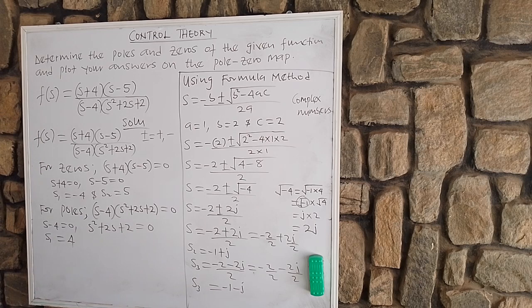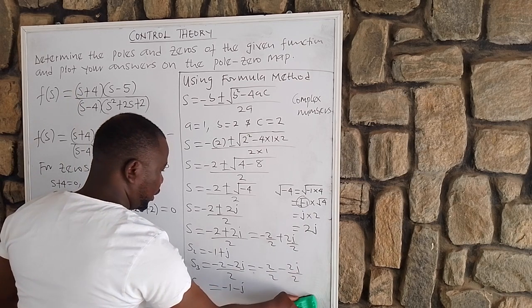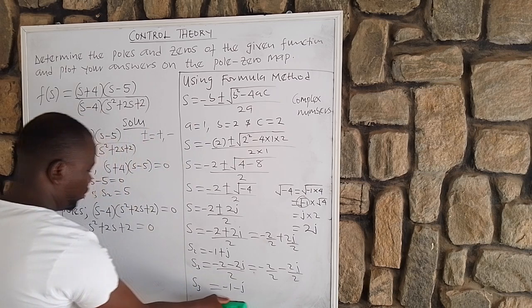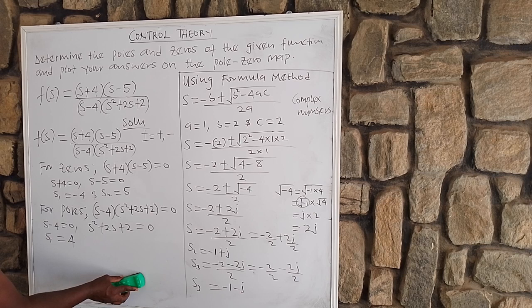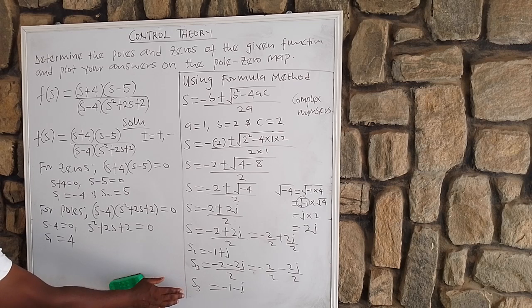True or false? Okay, so now we are going to have our pole zero map, as I told you initially. Can I clean this part? So we are able to obtain our zeros and the poles. Look at the poles.